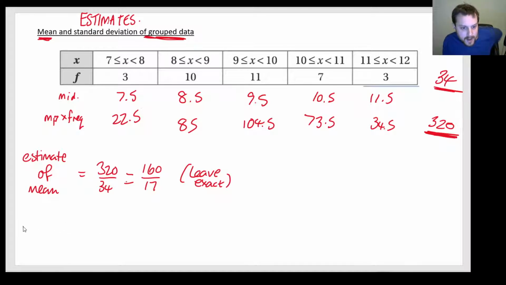Now, how are we going to do our estimate of the standard deviation? So this is the A-level part. Well, the estimate of the standard deviation is the same kind of idea, except I'm going to have these midpoints squared, and there's going to be 3 of those that have been squared, there's going to be 10 of those that have been squared.